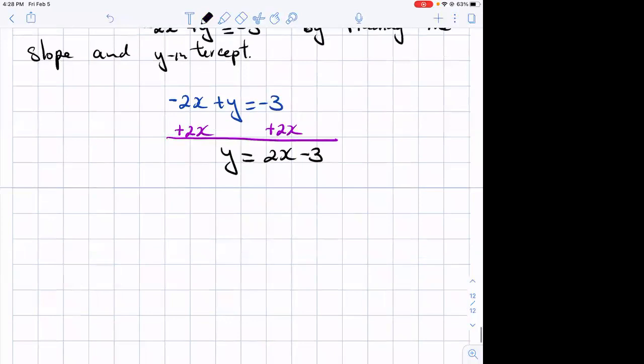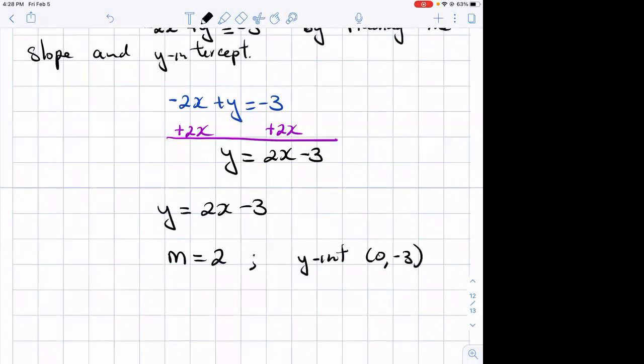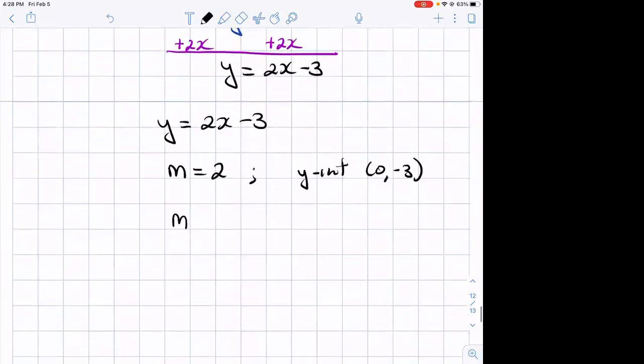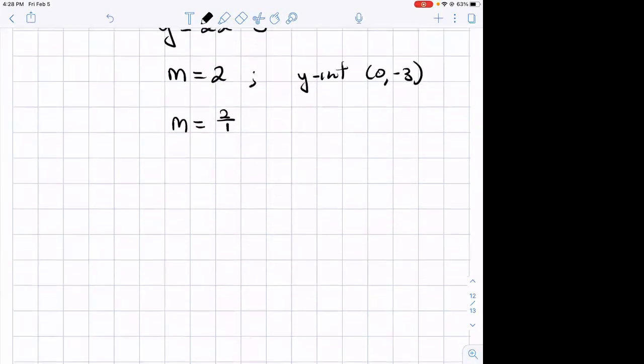Yeah. Now you're able to tell the slope m is equal to 2, and the y-intercept is 0 comma minus 3. Okay. Now that we have this, remember m is rise over run, so it's 2 over 1. And now that I have this, I'm able to graph my line. I'm able to sketch the graph of the line.